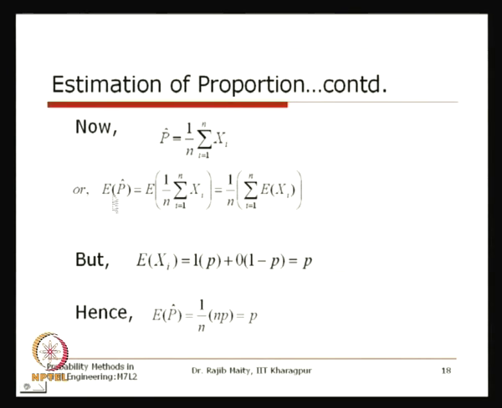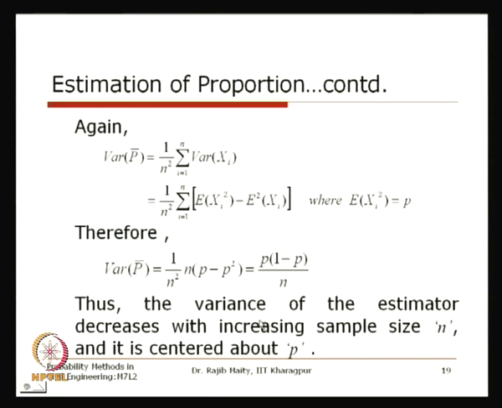So, the expectation of this estimate p cap is 1 by n multiplied by n p. There are n expectations, all equal to p, so this quantity is n p. So, the expectation of this estimate is equal to p.